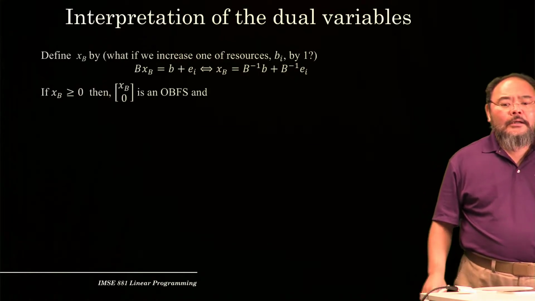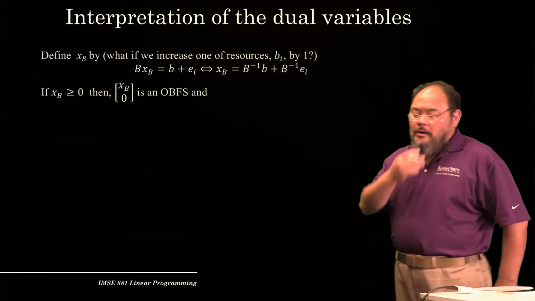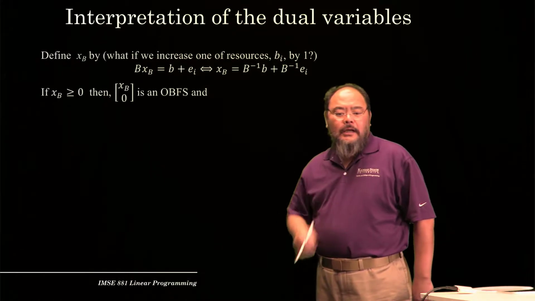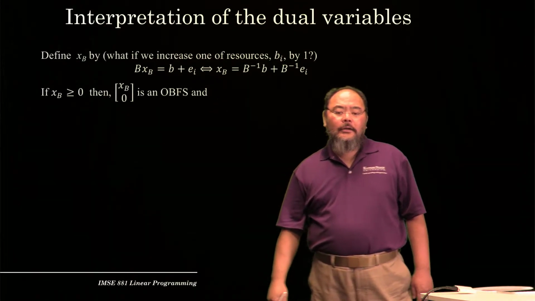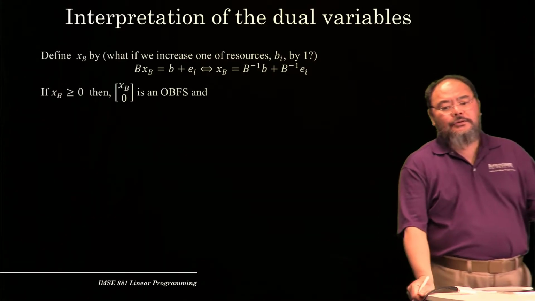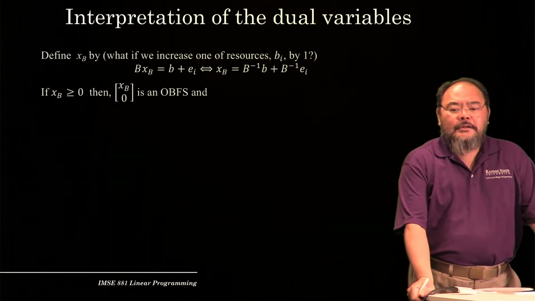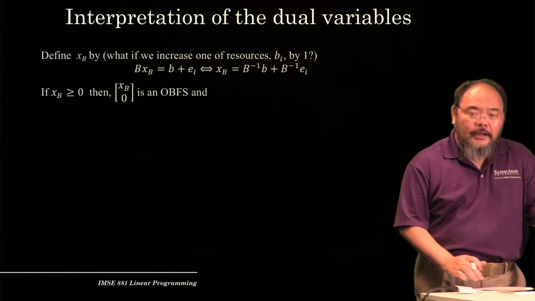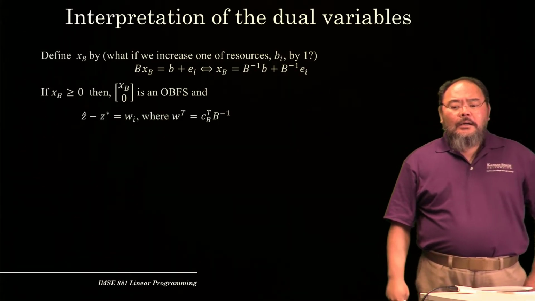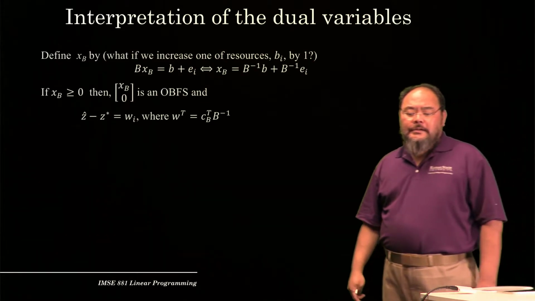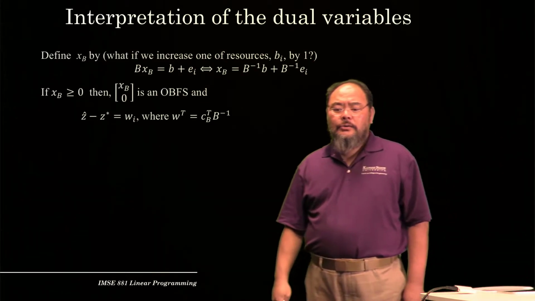The problem is we want to maintain XB non-negative, so that XB is still an optimal basic feasible solution, but recalculated based on B inverse times ei right here. Let's observe the difference between these two objective function values.